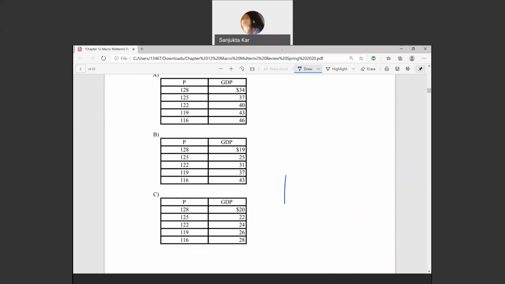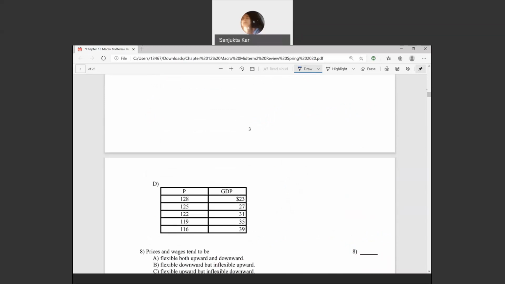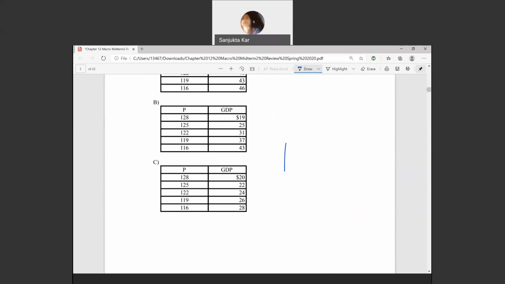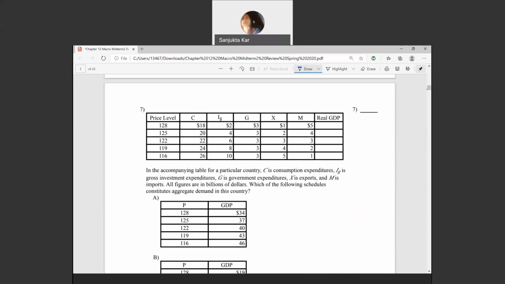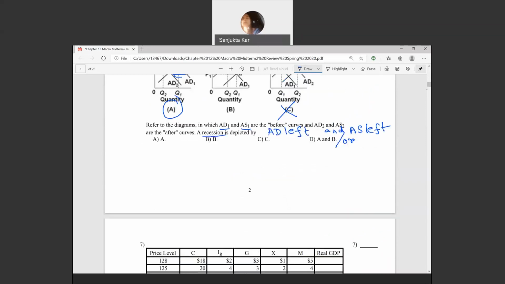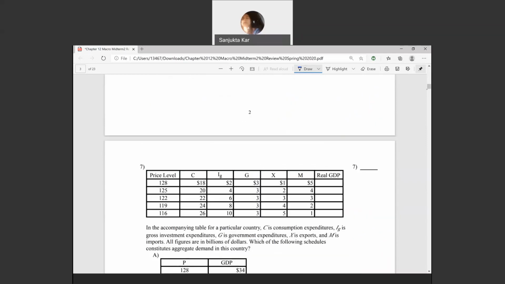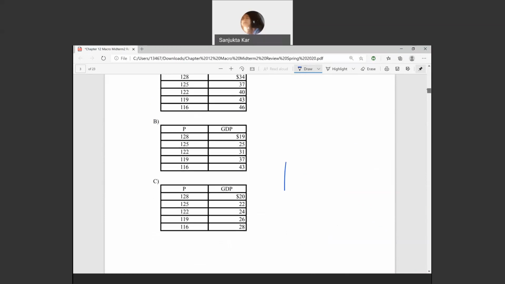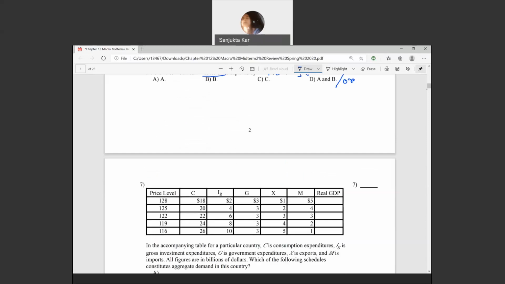Moving on to question number 7 here. In the accompanying table for a particular economy, C, I, G, and X minus M are all given to us, and we have 4 answer choices. This is something which you need to work out. I'm just going to tell you how to do it and you can do the rest by yourself.